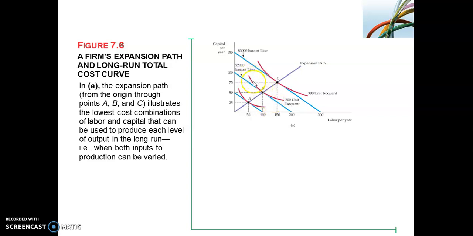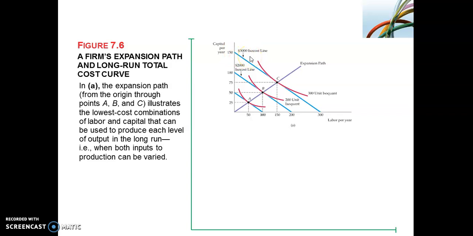The second isoquant gives you 200 units, and the third isoquant gives you 300 units of output, respectively. And then there are also 3 isocost lines. This first isocost line is an isocost line where C is equal to $1,000. Here, the second isocost line, C is equal to $2,000, and the third isocost line, C is equal to $3,000.